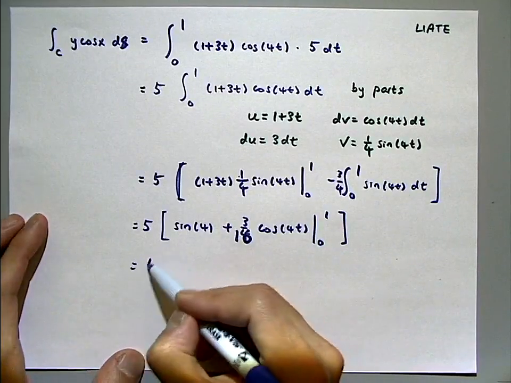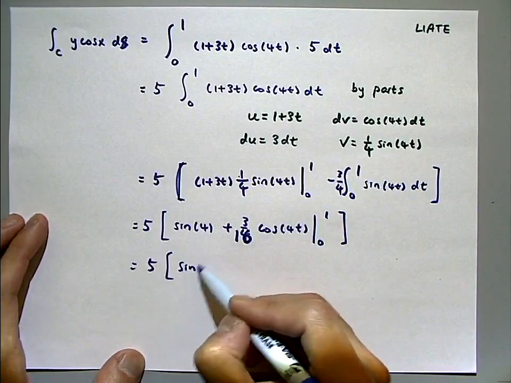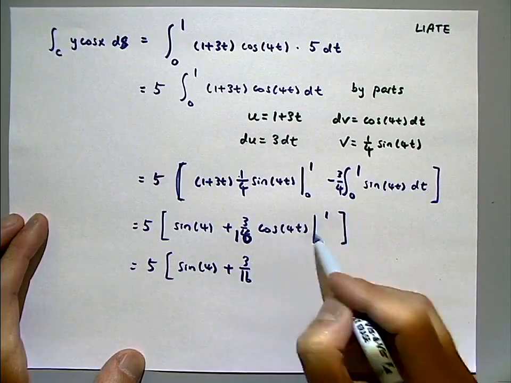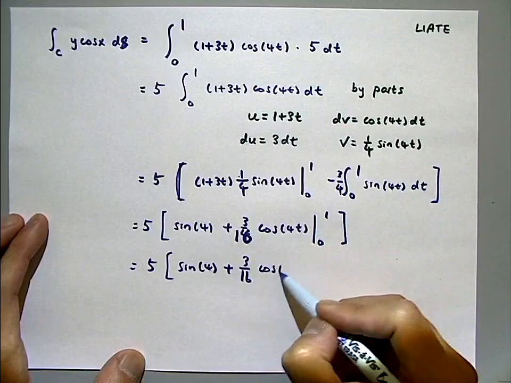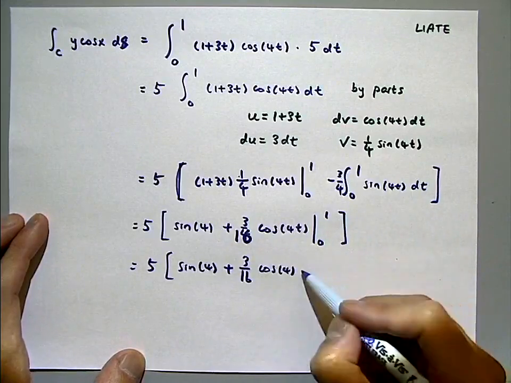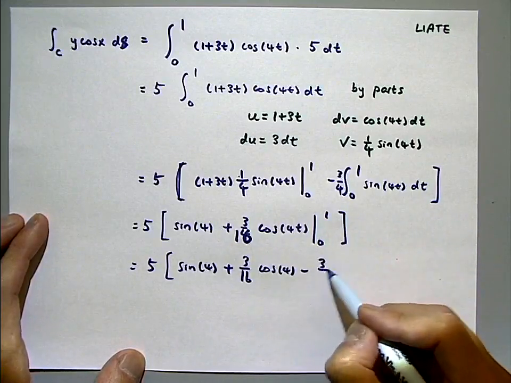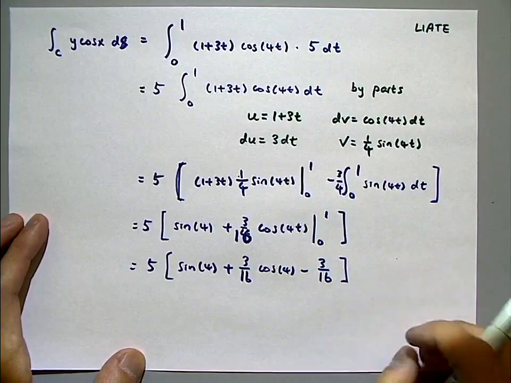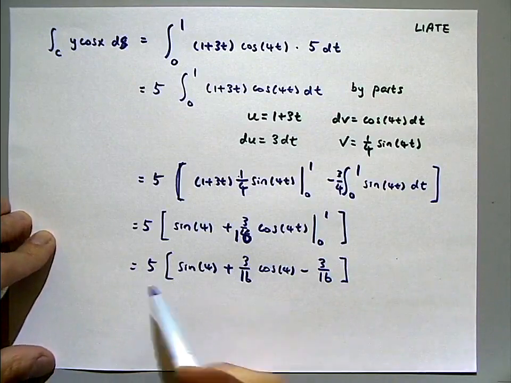Okay, keep going. 5 sine of 4 plus 3 over 16 cosine of 4 minus 3 over 16 cosine of 0, which is a 1. All right, and that's it.